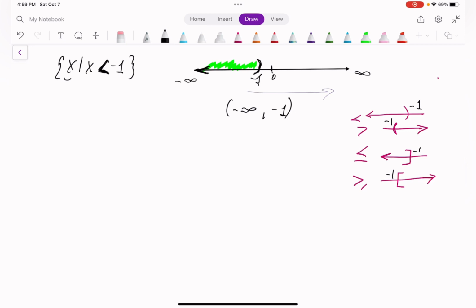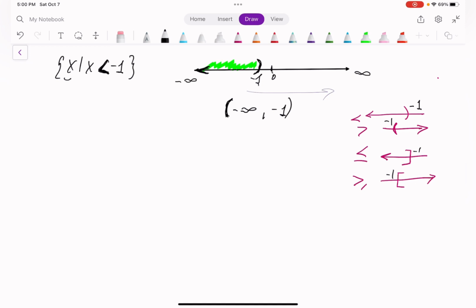First of all, infinity, be it negative infinity or positive infinity, we always put in parentheses because infinity cannot be included. It's endless, right? Now, -1 can be included in parentheses or in square brackets. In this case, the equal sign is missing. That's why we put parentheses.